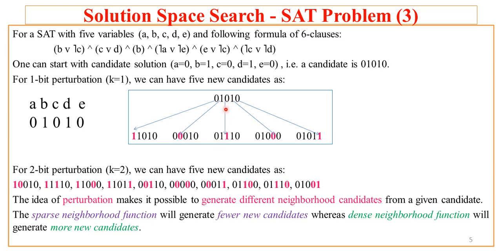So here bit C for the current candidate is 0, and if 1 bit perturbation is used, then this C which is 0 will be changed to 1. Similarly, D which is 1 will be changed to 0, and E will be changed to 1 from 0. So this way we have got now how many new candidates?